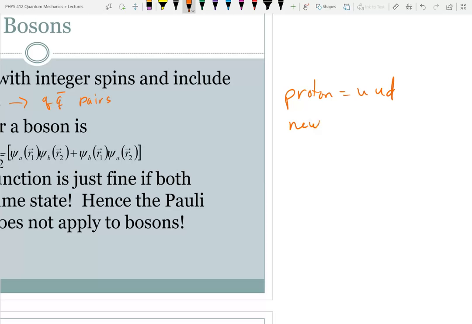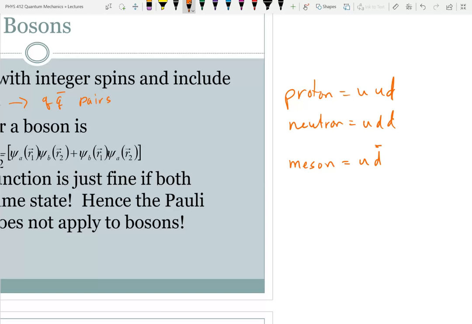A neutron is 1 up and 2 downs. Well, a meson, and I don't know which meson I'm going to do here, so I'm just making one up, might be an up anti-down. It's a different type of particle.